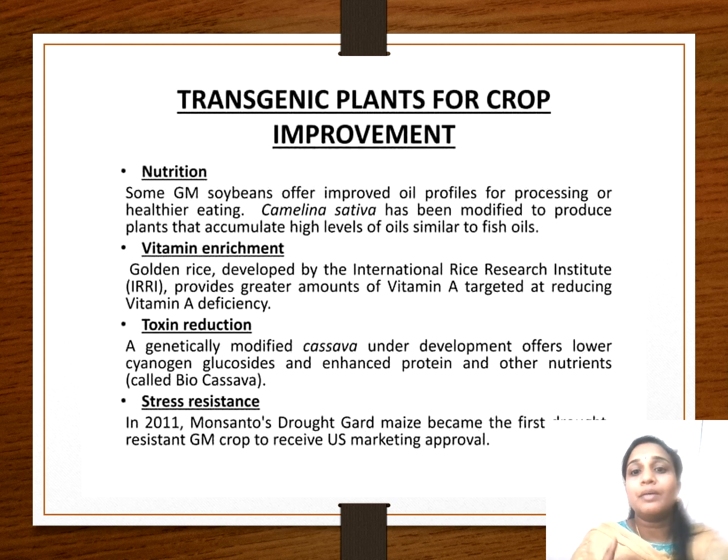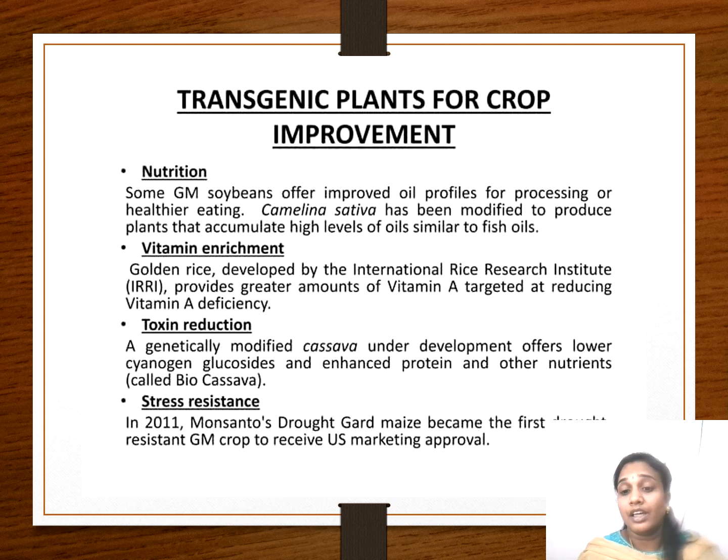Golden rice developed by the International Rice Research Institute, that is IRRI, provides a greater amount of vitamin A targeted at reducing vitamin A deficiency. Toxin reduction: a genetically modified cassava under development offers lower cyanogenic glucosides and enhanced protein and other nutrients, which is called BioCassava.